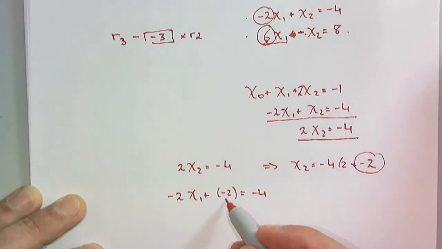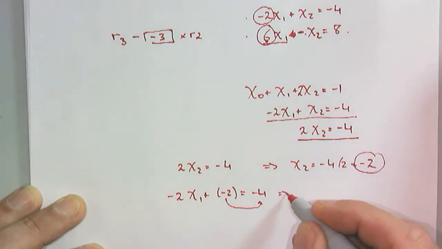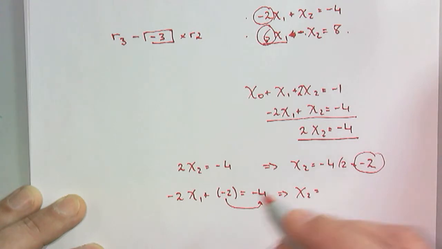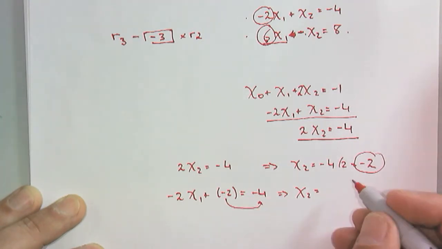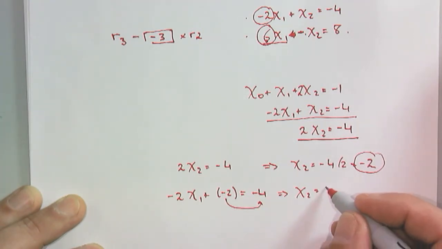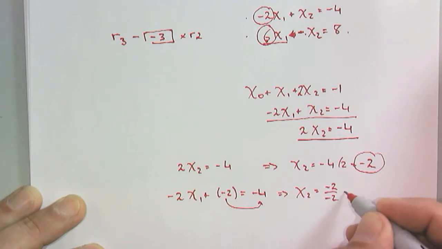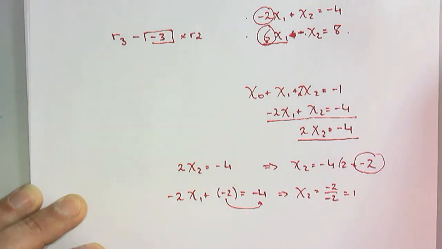So then if we bring this to the other side, we get that chi 1 is equal to, let's see, minus 4 minus minus 2 is minus 2, divided by minus 2, so that should give us a 1.